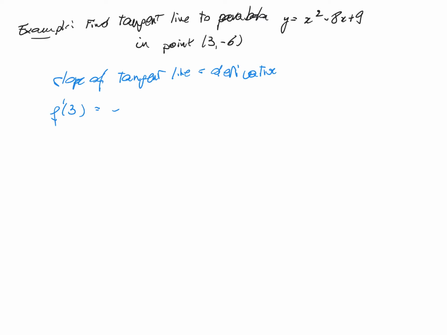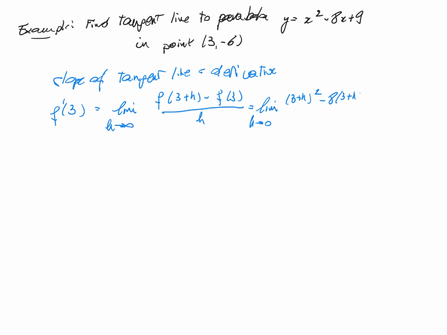So f prime is the limit h going to 0 of f of 3 plus h minus f of 3 divided by h. We substitute 3 plus h in the formula, so f of 3 plus h becomes (3 plus h) squared minus 8 times (3 plus h) plus 9, minus f of 3, which we know from here is minus 6, divided by h.